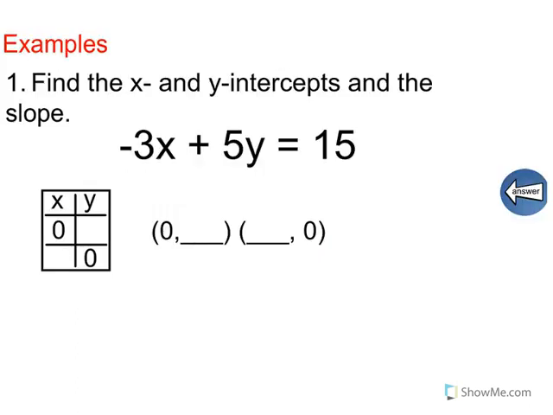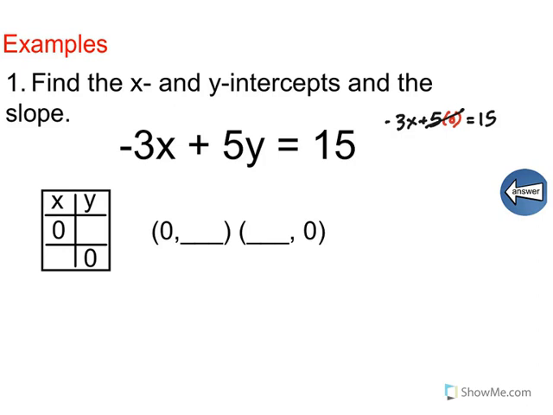So let's practice before we jump into the writing piece, and see if we can recall how to find the x and the y-intercepts and the slope given an equation. To find the x-intercept, we would make the y value 0. So instead of 5y, we would have 5 times 0.